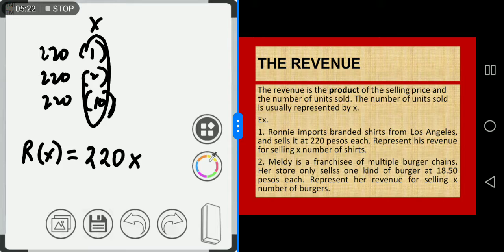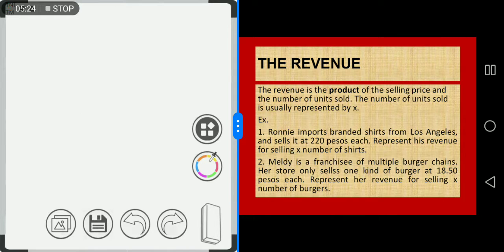Then, for number 2, Melody is a franchisee of multiple burger chains. Her store only sells one kind of burger at 18 pesos and 50 centavos each. Represent her revenue for selling x number of burgers. No, so kung napansin niyo po dun sa una nating ginawa, all we did is we multiplied yung kung magkano yung binenta sa kung ilan yung kanyang units sold. No? So, since we do not know the number of units sold, we just write x.